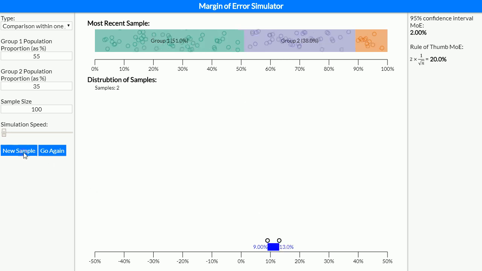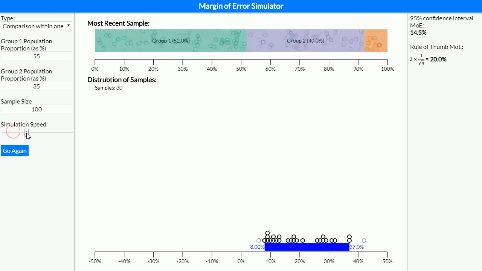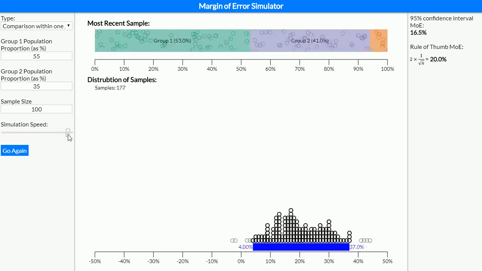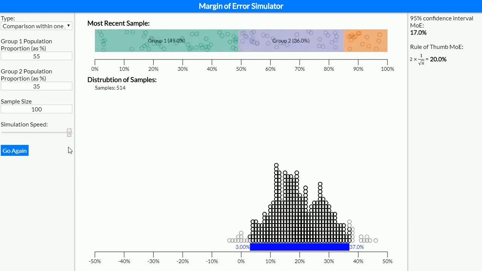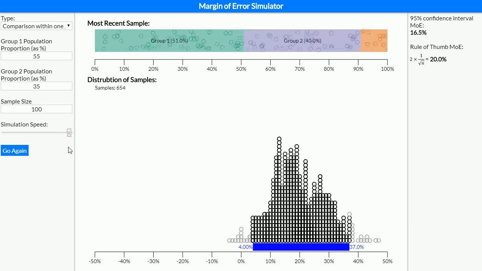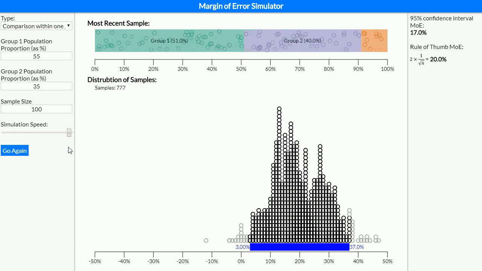Let's take another sample. This time we had 51% and 38%, which gives us a difference of 13, which is graphed down the bottom. What we can do again, just like last time, is have the simulation go through and do it 1,000 times. And we can see this distribution of differences building up.